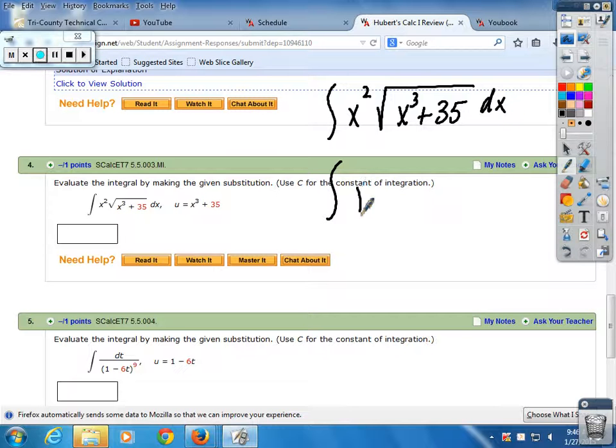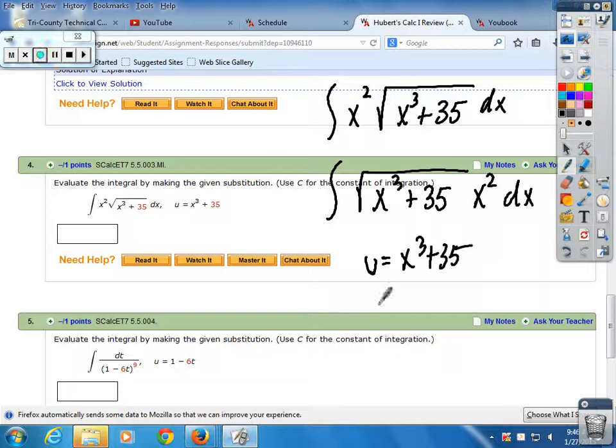The antiderivative of the square root of x cubed plus 35 times x squared dx. u is equal to x cubed plus 35, du is equal to, I'm sorry, 3x squared dx. So what do we need to add? The 3, Hubert. That's right, class.